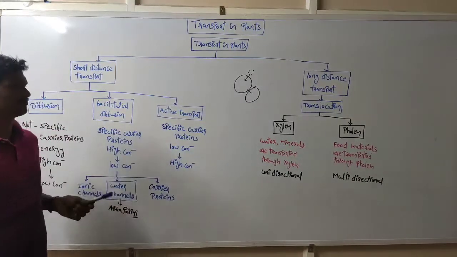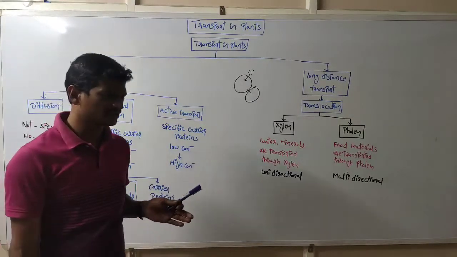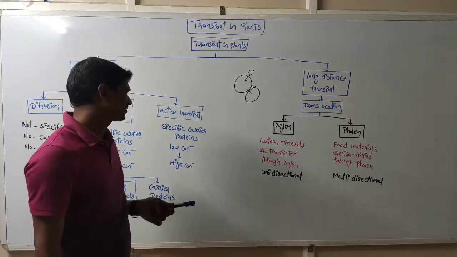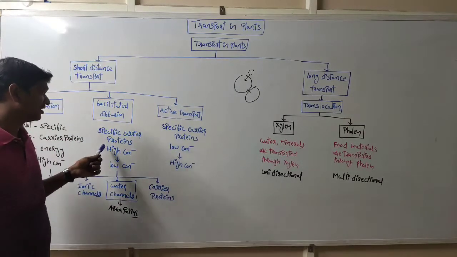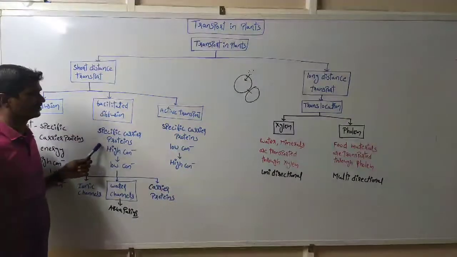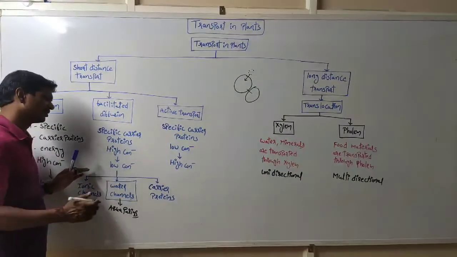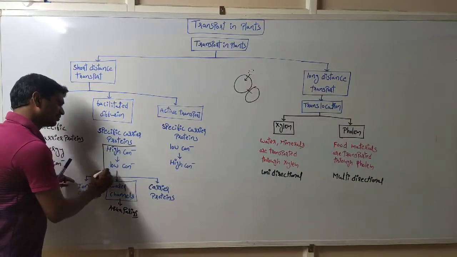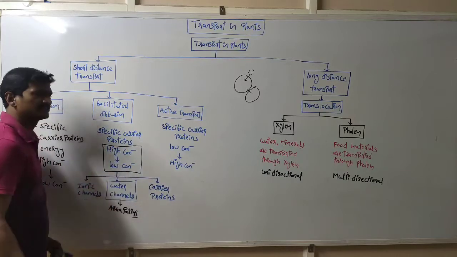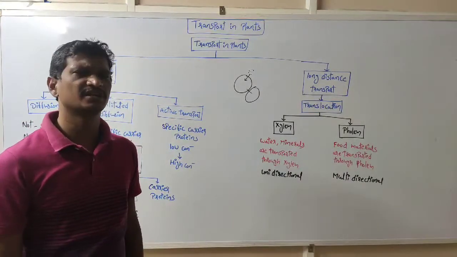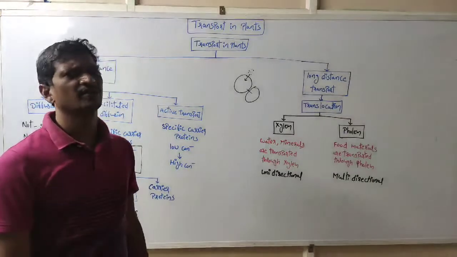So this is about the facilitated diffusion process. And remember here, no requirement of energy. In facilitated diffusion, there is no involvement of energy. Whenever molecules are transported from high concentration region to low concentration region, definitely no energy is required.